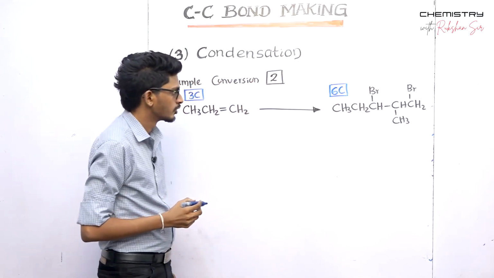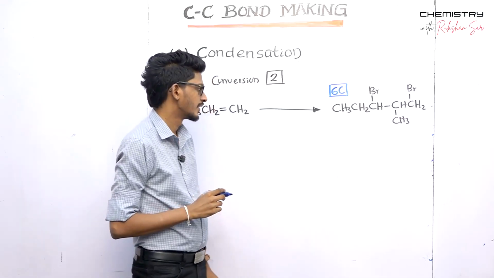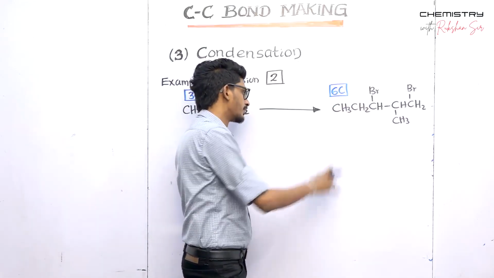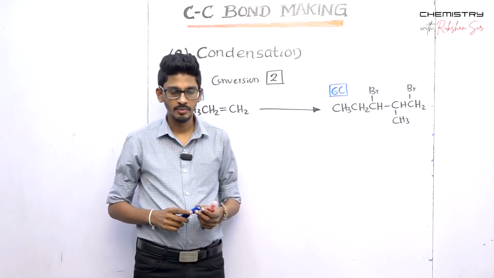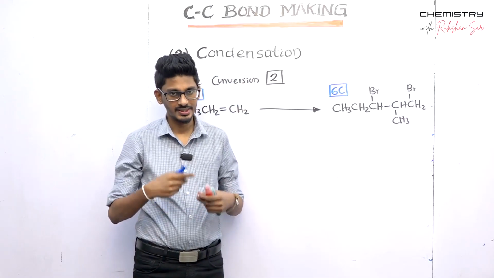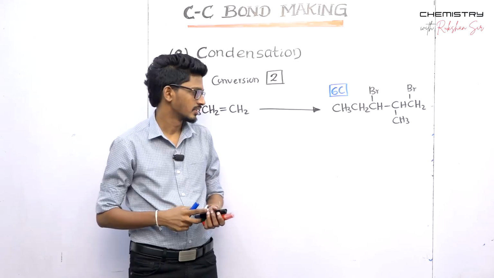So the first thing to do is break this 6-carbon compound into 2 3-carbon blocks. That is our first thing, right?